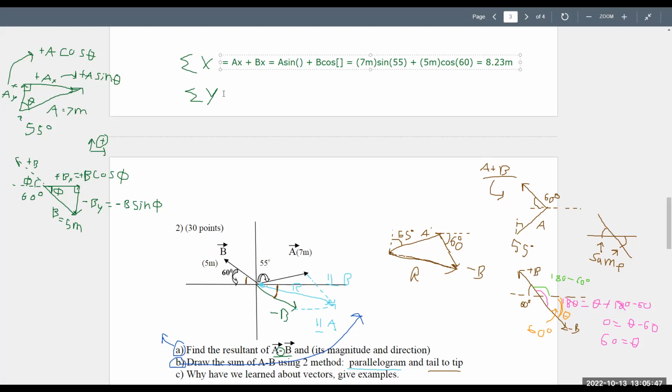Then we do the same thing for y. Sigma y is equal to Ay plus By. But this time, your By is negative, so you have Ay, negative By.